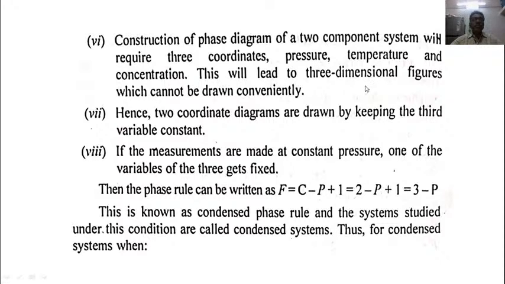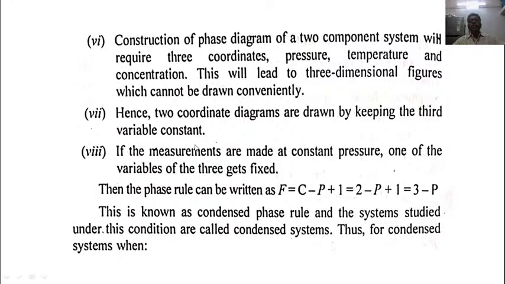How can we take the 3 variables? It is not easily possible. We have to draw 3-dimensional figures, which cannot be drawn conveniently on a paper or on a blackboard. We only draw 2-dimensional figures, that is pressure versus temperature, pressure versus concentration, or temperature versus concentration. Such diagrams can be plotted.